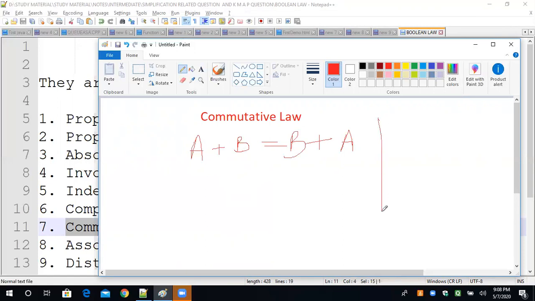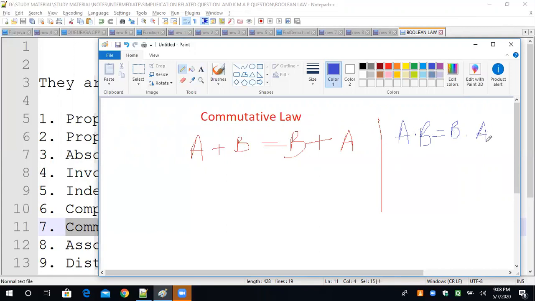The second category is A dot B is equal to B dot A. We can think like that: 2 plus 3 or 3 plus 2 are the same thing. 2 into 3 or 3 into 2 are the same thing.